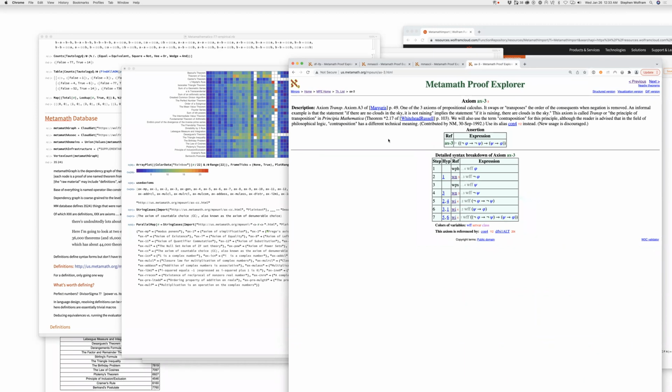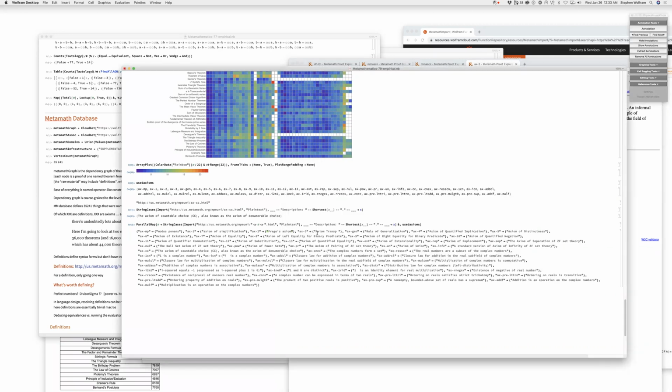AX3. Principle of transposition. Axiom of transposition. Principle of transposition. Okay, what's this? AX gen. Rule of Generalization.